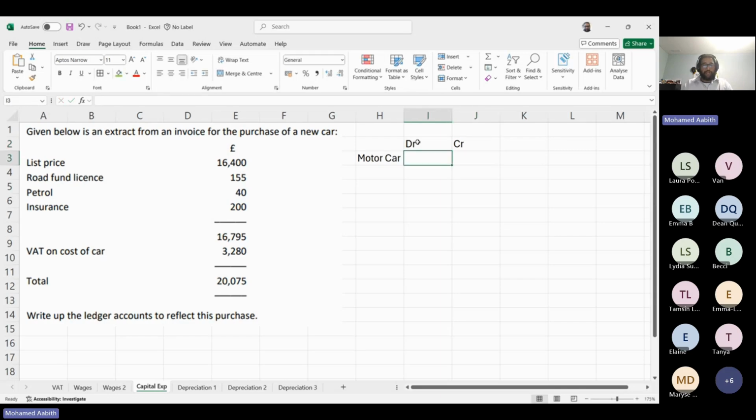Here, the motor car will be 16,400 plus the 3280, so the total cost of that is 19,680 pounds. Then we also have this road fund license. Does anyone know what that means? Road fund license? It's your road tax. Yes, so your road tax is 155 pounds. That is an expense.